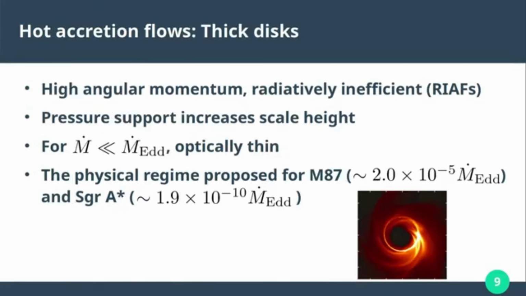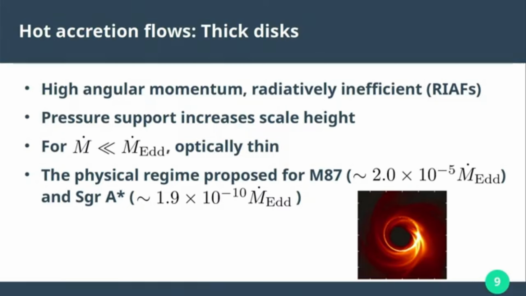So, as mentioned briefly before, we will consider accretion on two objects similar to Sagittarius A star and M87. The plasma that surrounds these objects is expected to be in an accretion pattern that is known as hot accretion flows. These accretion flows are expected to have a relatively high angular momentum, so that matter is rotationally supported, and they are expected to be radiatively inefficient, for the reason that we mentioned before.